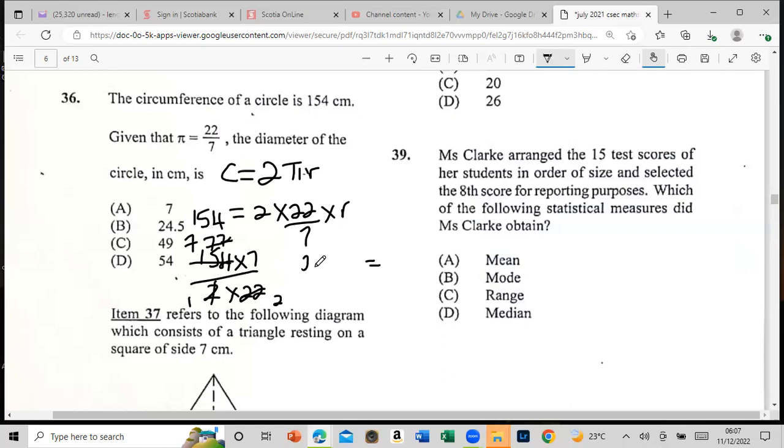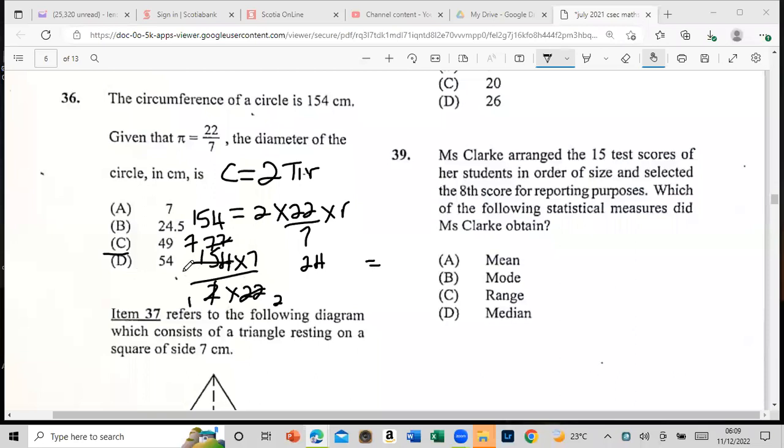So that means the answer would be 49. So the diameter is actually 49. Remember, it's pi d. Alright, let's move on to 37. Why does this just feel wrong?